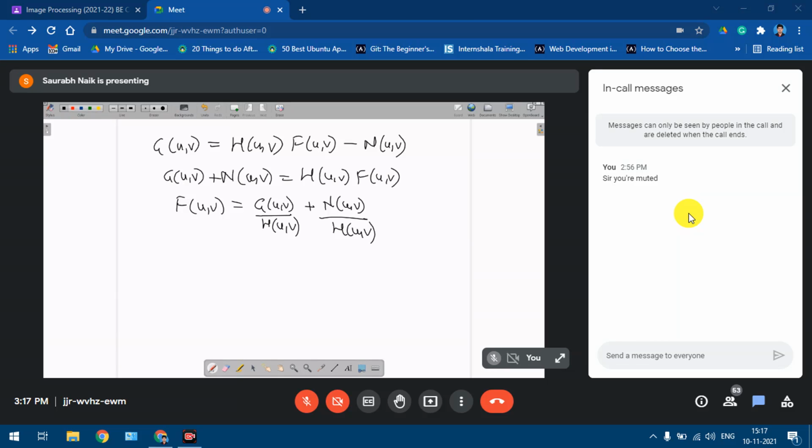And finally, f of x comma y is equal to the inverse Fourier transform of G of u comma v divided by H of u comma v plus N of u comma v divided by H of u comma v.